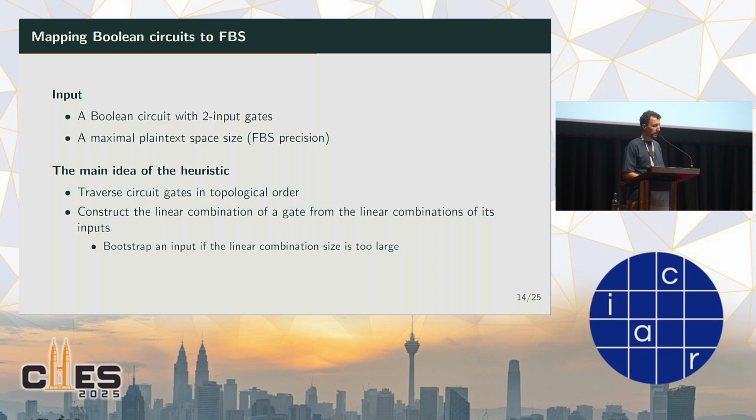We traverse them once, and we construct the linear combination of a gate on the fly from the linear combinations of its inputs.